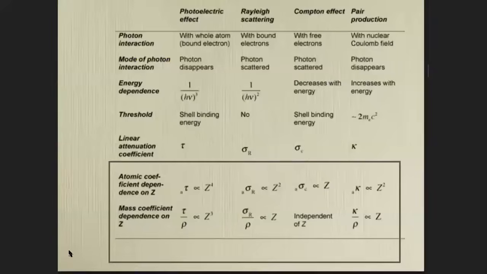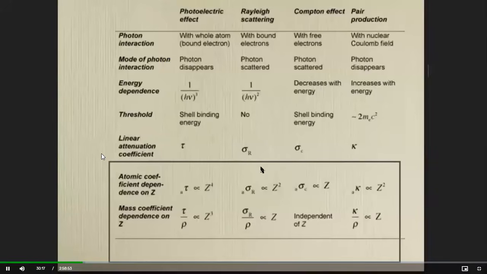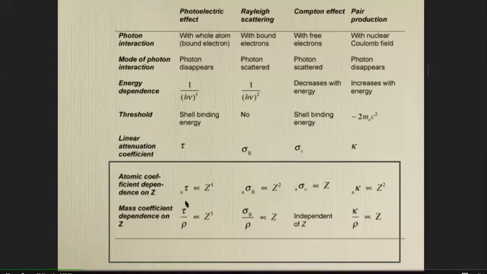And the dependence when it comes to atomic number is one order less than those for the atomic cross sections.